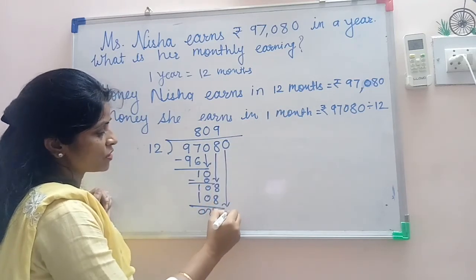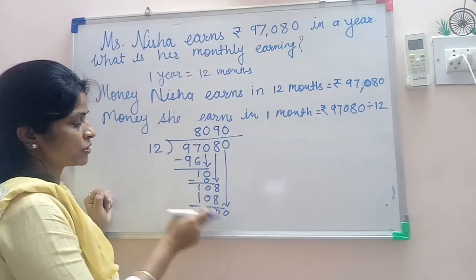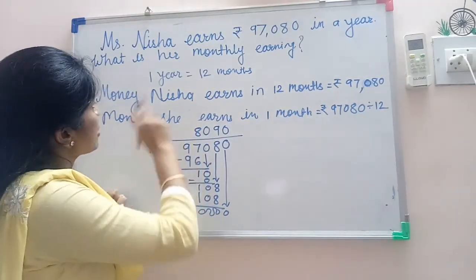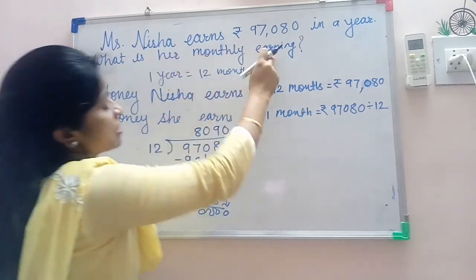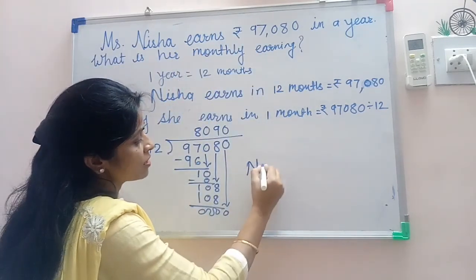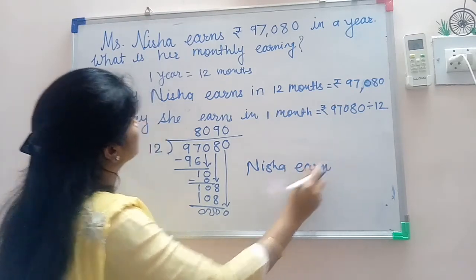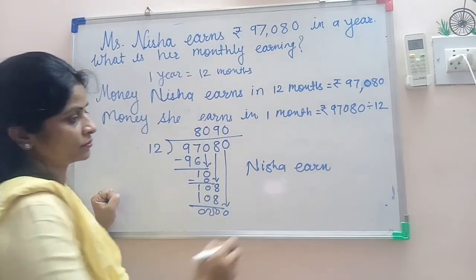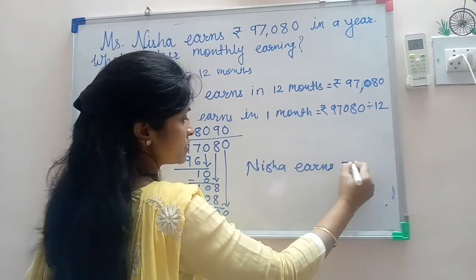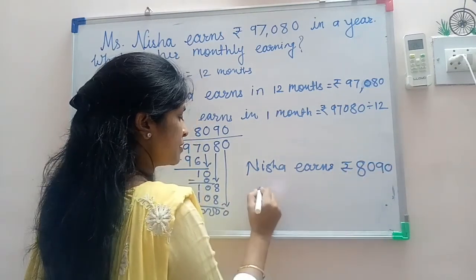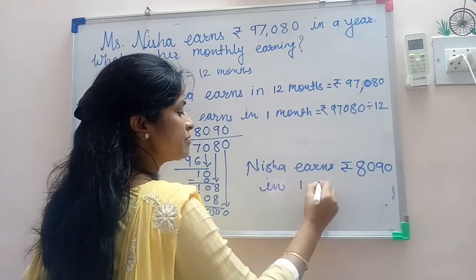Now bringing the 0 down, and so 0 is there, so we are writing 12 zeros are 0. Now what will be the final statement? What is her monthly earning? So Nisha earns rupees 8,090 in 1 month.